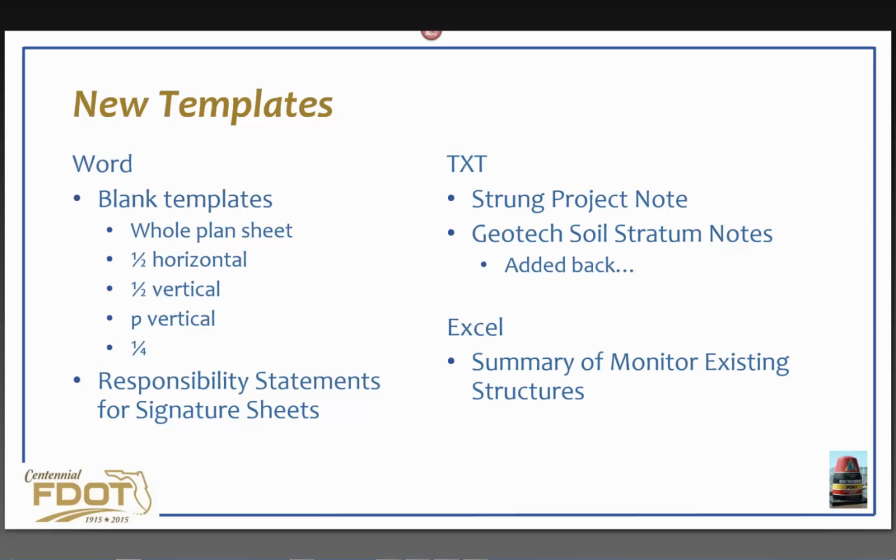And that's the whole purpose of having a signature sheet, so we can have multiple people, I don't want to say engineers, because they're not all engineers, signing and sealing that one PDF, one set of plans, and they all take responsibility for certain parts of that PDF file in different sheets.